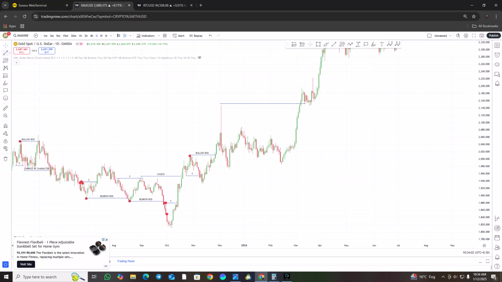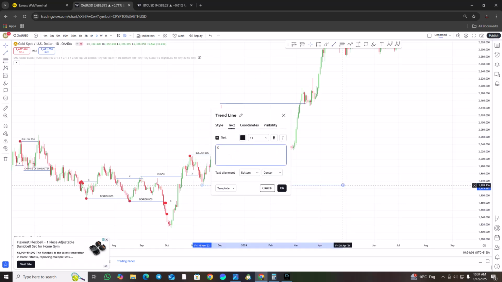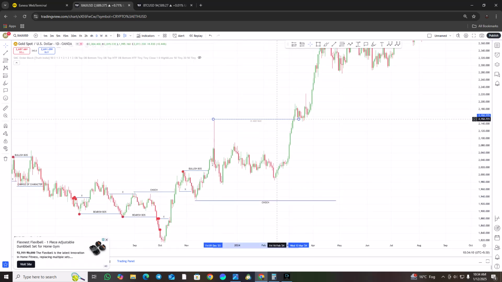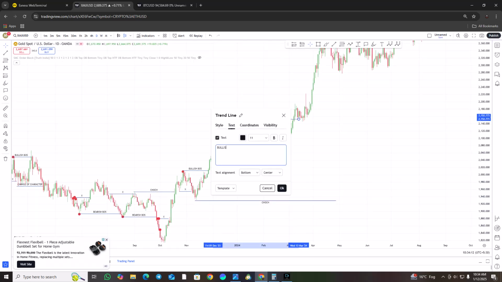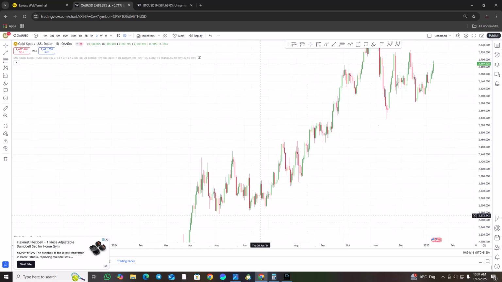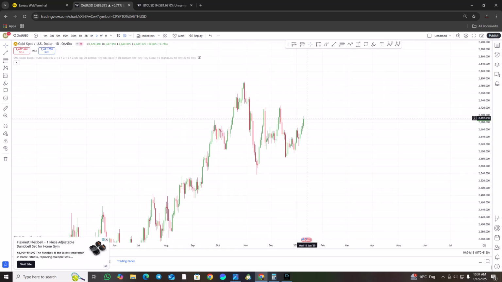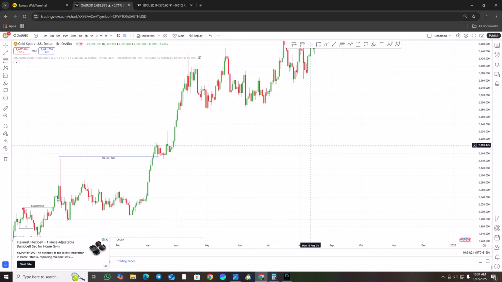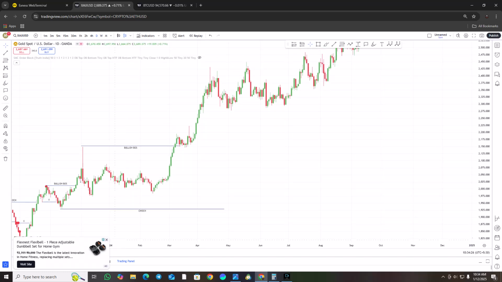If it breaks this low, we can consider this as a change of character. But the market didn't break this low, and went up to make a bullish BOS. Again the market went up, the market is somewhere around here.